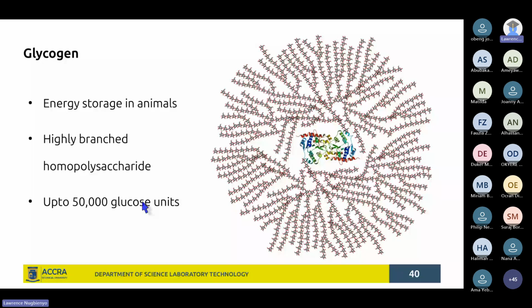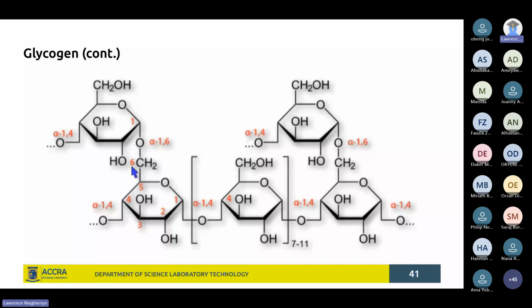Now, if you take a look at a glycogen molecule, you see that complex structure we were looking at. Now we have zoomed in to see the bonds that are formed within that glycogen molecule.